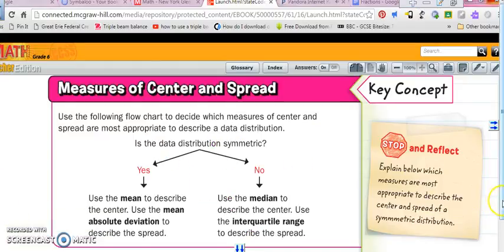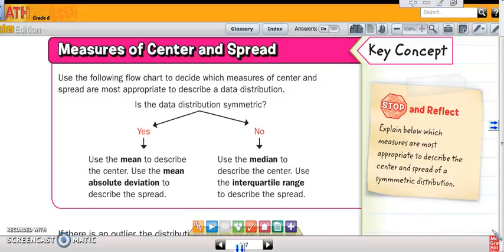And now we're going to look at measures of center and spread. This is going to seem overwhelming, but it's not if you use your chart, because you've already learned how to find the mean, the median, the mean absolute deviation, that's that big long worksheet, and the interquartile range. So, this is the question you ask. Is the data symmetric? If yes it is, you're going to find the mean and the mean absolute deviation.